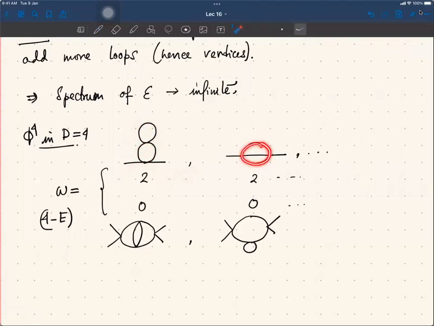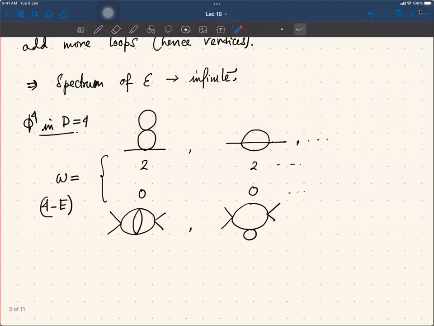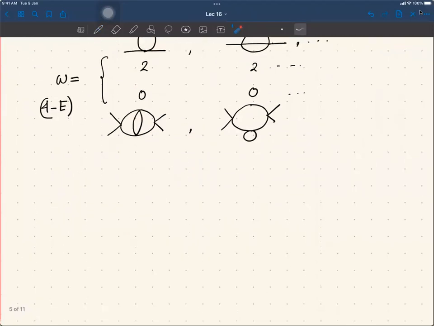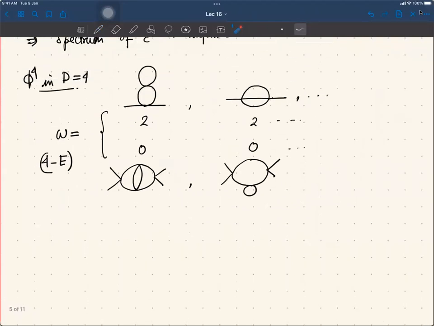Similarly, here, this one is a primitive subgraph, this one is a primitive subgraph, and this one is a primitive subgraph. So primitive subgraphs are appearing within the graph, and that's why these are non-primitive graphs with omega greater than or equal to 0. But there is an infinite number of such graphs, and therefore the spectrum of E is infinite.